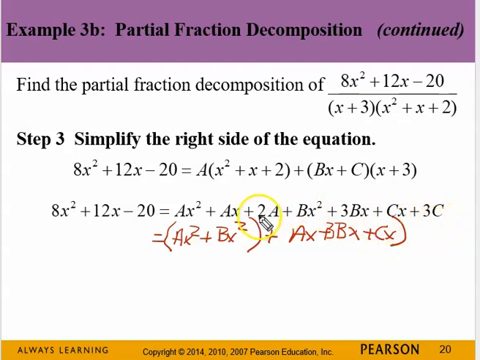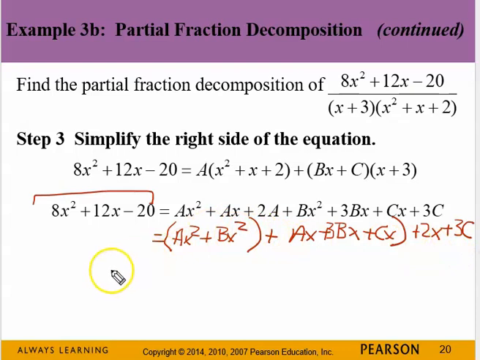And then we get a plus 2a and a plus 3c. And this side stays the same. Now, what do you think our next step is?